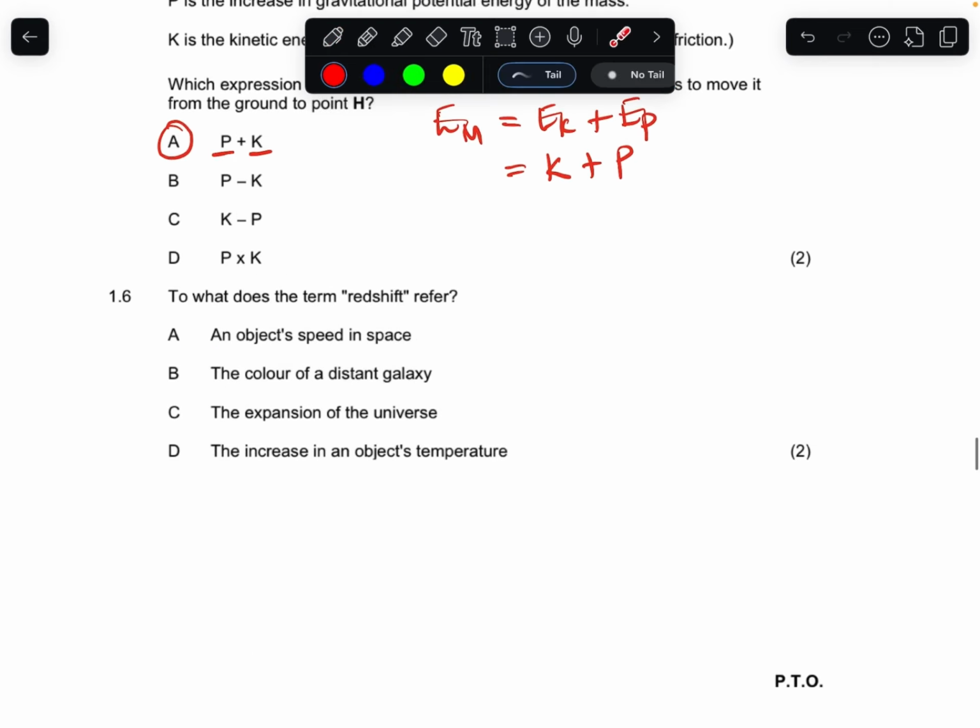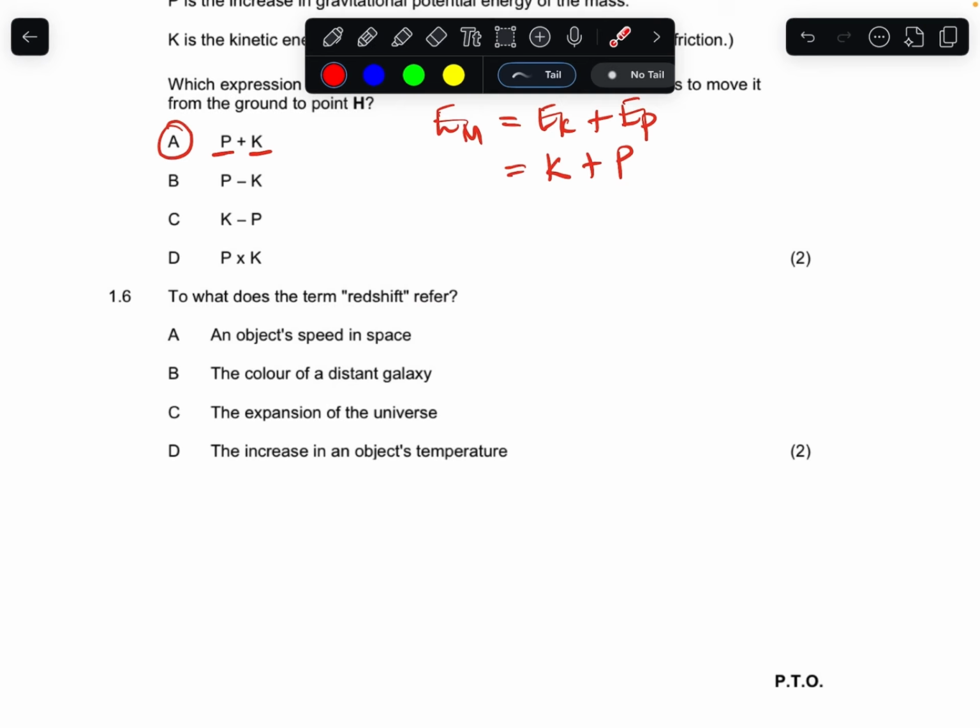Now, 1.6, it says, what does the term redshift mean? The redshift, guys, in terms of the Doppler effect, is when something is redshifted, that means it's moving away.